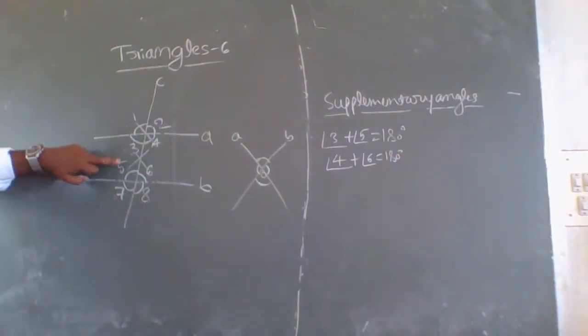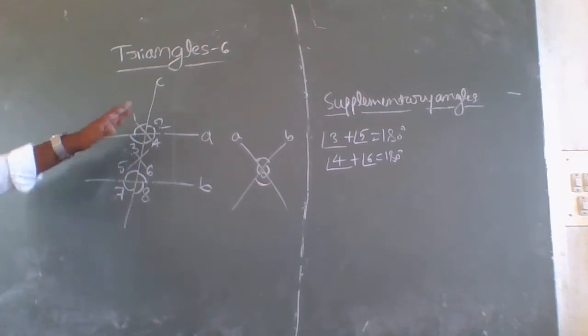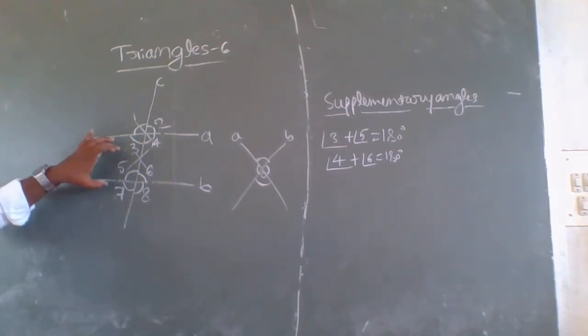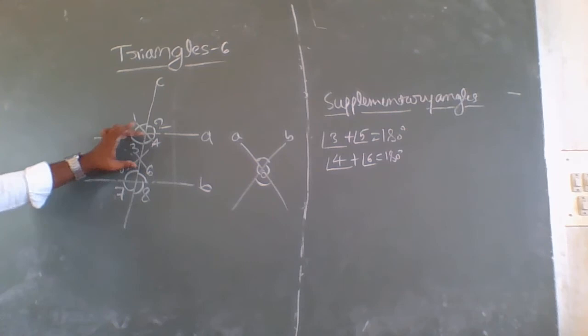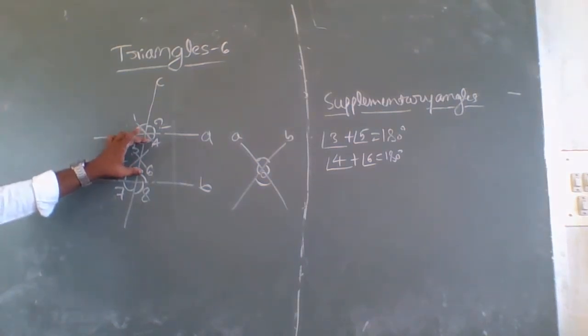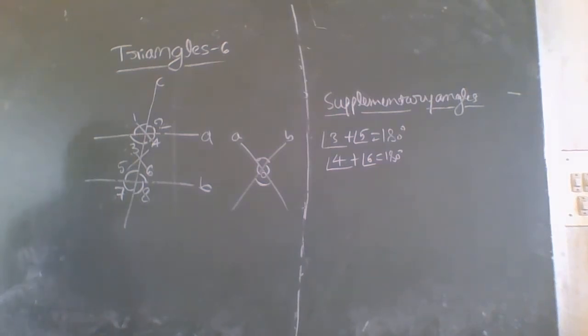Angle 3 plus 5, these are the angles on the same side of the transversal and these are interior angles. Therefore the sum of angle 3 plus 5 is always 180 degrees. Like this only, angle 4 plus angle 6 always equals 180 degrees. So this is about supplementary angles.